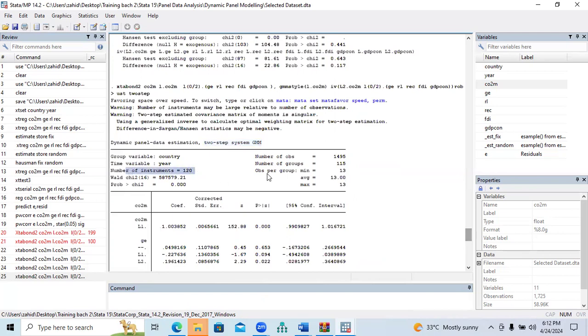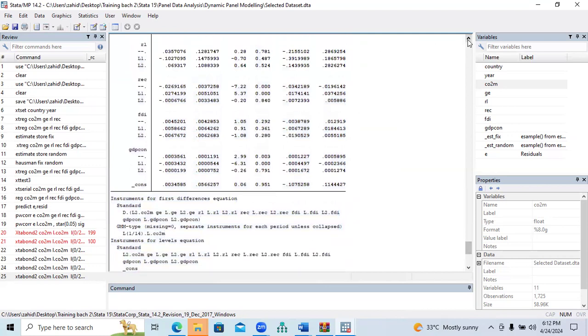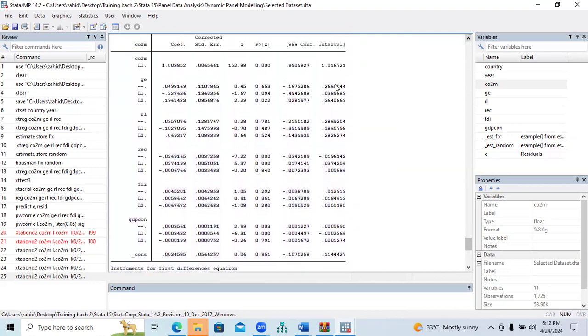Number of instruments is 120, which is less than the number of observations but more than the number of groups. The lag value is significant, and for the first independent variable, the first lag is weakly significant, but the second lag is highly significant. So here are the changes in your estimation.